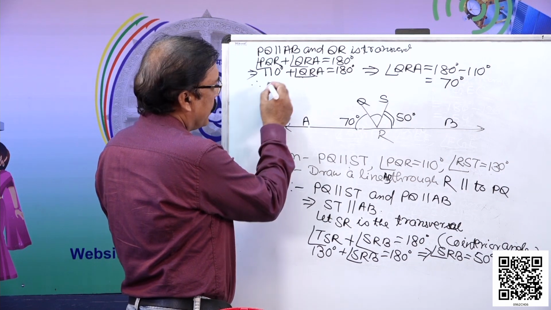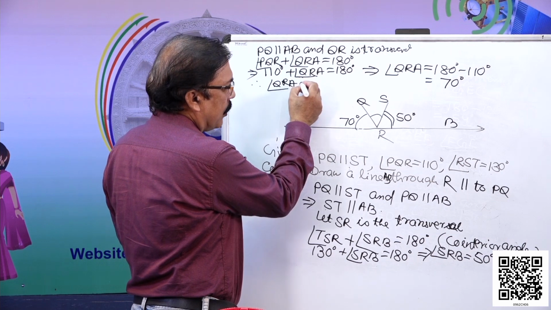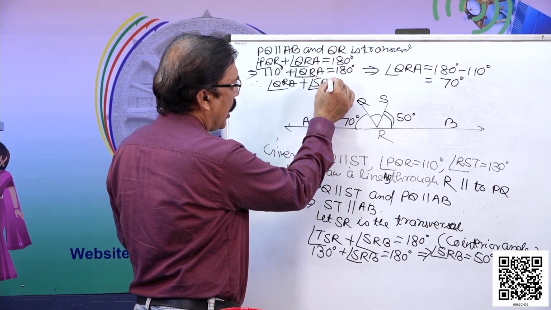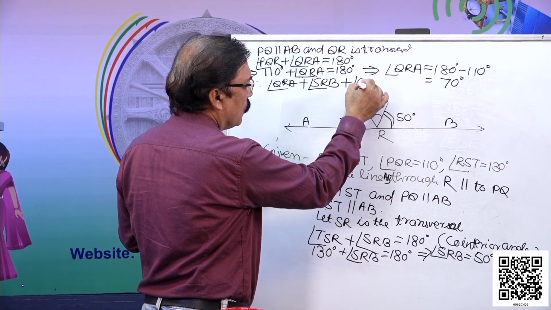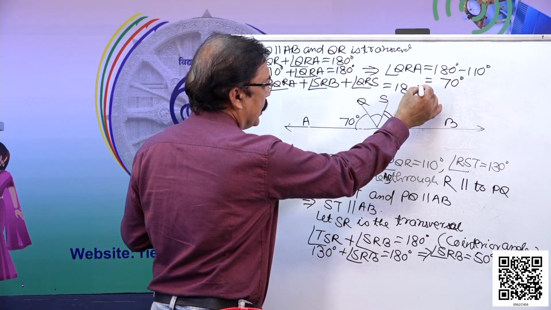Hence, angle QRA plus angle SRB plus angle QRS is equal to 180 degree.